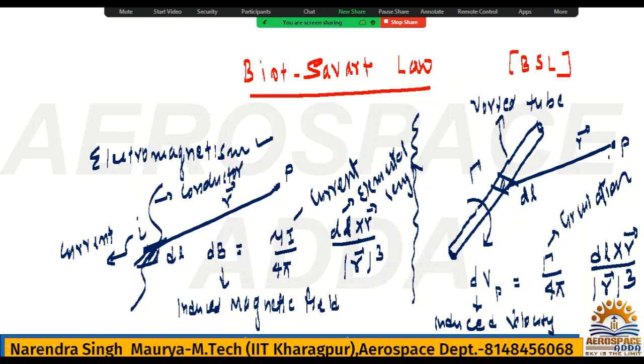Now I think this analogy you understood. This is called analogy. Based on this analogy, we can write the equation with the help of this law. We can write the induced velocity, because a vortex tube can be anything. It is a vortex tube, or you can say a vortex filament.